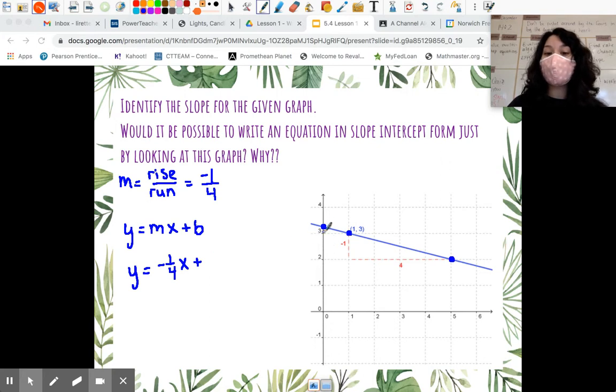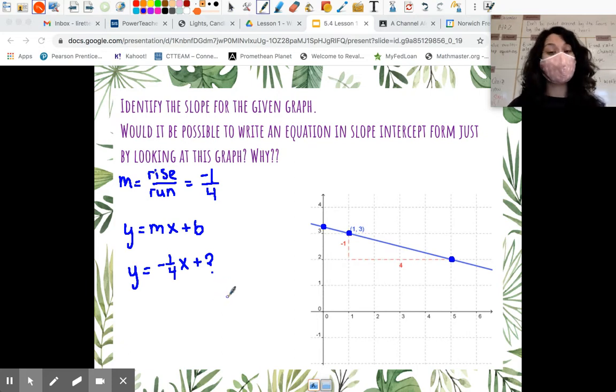I can tell that it's definitely closer to 3 than it is to 4. It's between these two values, so it's some sort of decimal or fraction. But just looking at it, I don't know if that's a 3.1. I don't know if that's 3 and a third. You know, it's hard to tell based off of just where it's sitting without any ordered pair to describe it. So I can't explicitly write my equation just by looking at this graph.